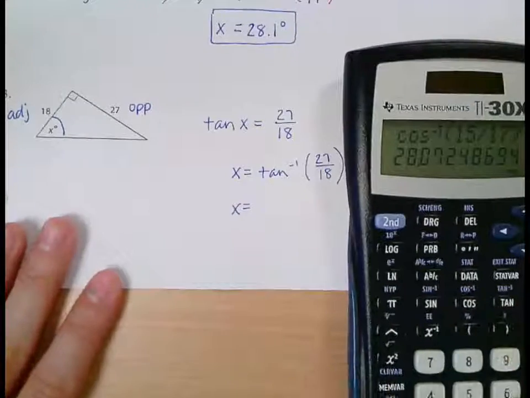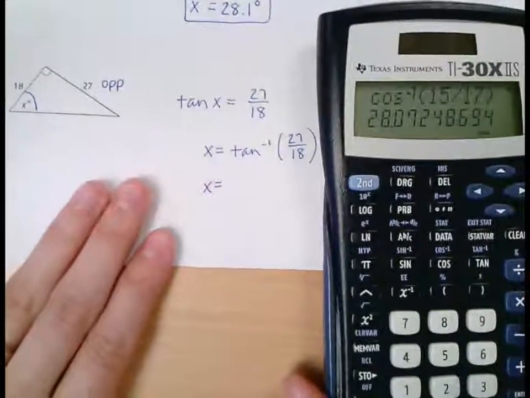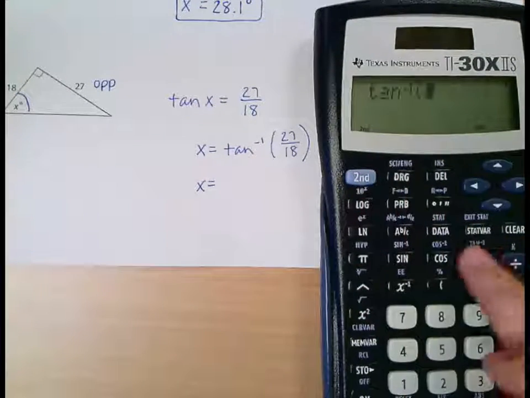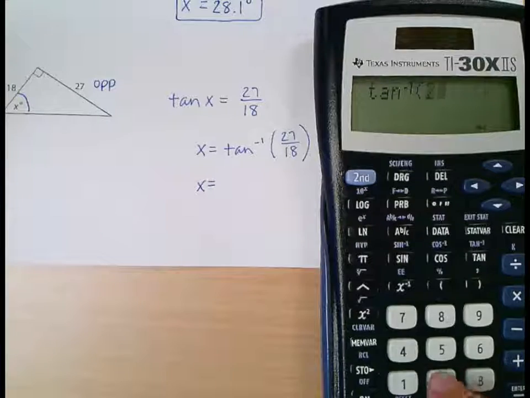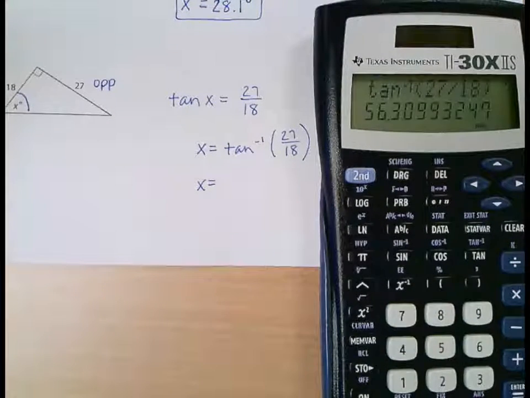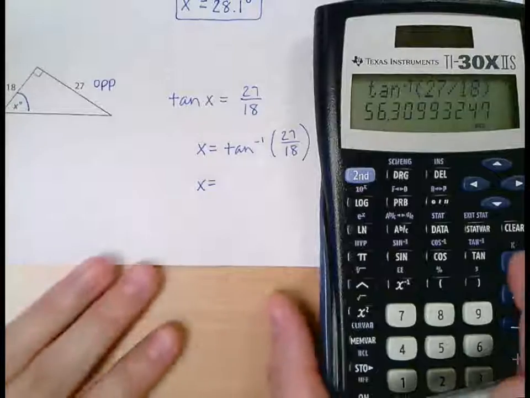However you want to show what work you're doing is up to you. I just need to see how you're getting your answer, that will help you in terms of partial credit. So second tangent for inverse tangent, 27 divided by 18. And rounding to the nearest tenth, that's about 56.3 degrees.